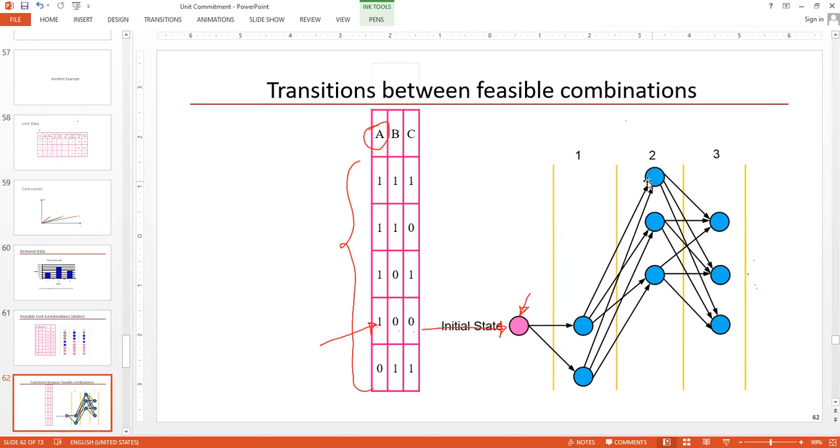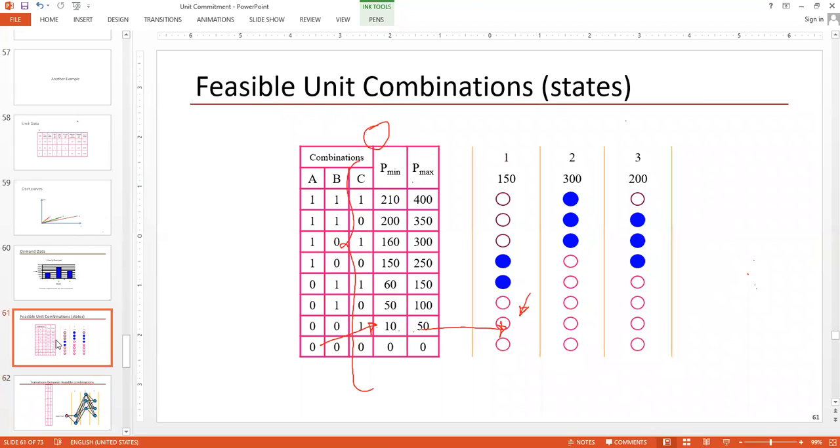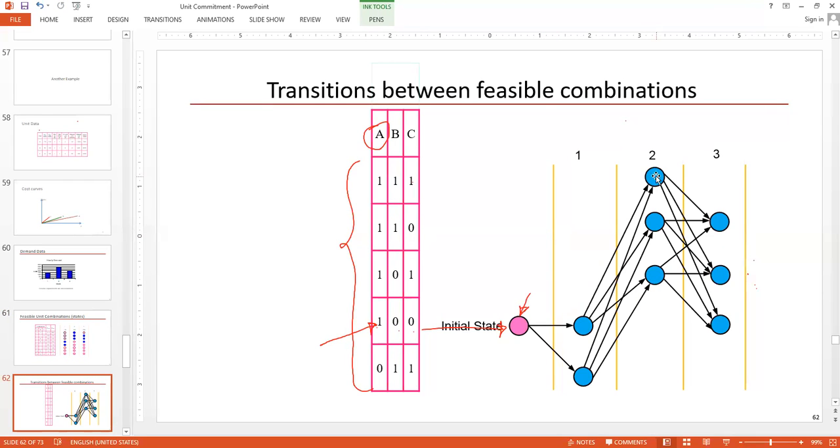Similarly, at hour number 2, there were 3: 111, 110, and 101. Similarly for hour number 3.